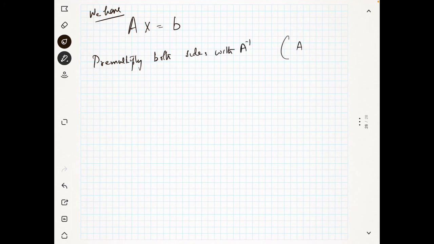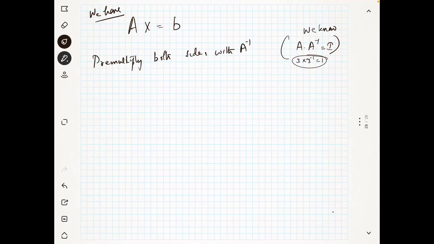And you know that A into A inverse is always I. We know this result. It is like, for example, you have a number 3, 3 into 3 inverse is 1, same like this.